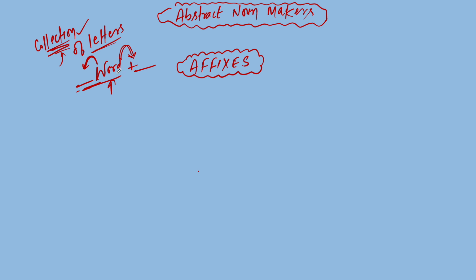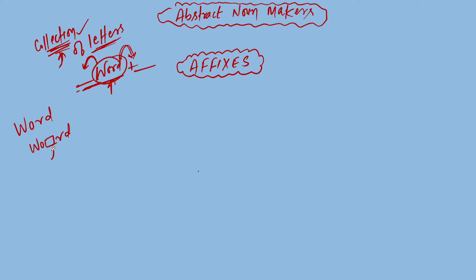Is it clear? Now, third thing. If you have a word and you add a collection of letters, or a combination of letters, just in between the word, by displacing or replacing some letters of the word or not, it does not matter.